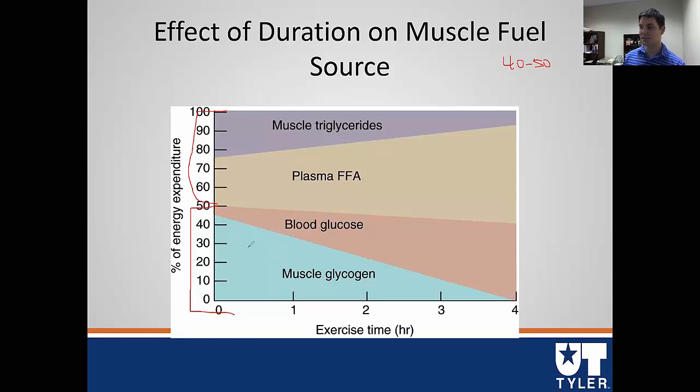So this is not only indicative of the percentage of energy that we're using from muscle glycogen, but also, at the end here, indicative of the amount of muscle glycogen. Indeed, the problem becomes if we run out of muscle glycogen. And what kind of effect does this have? So the idea of performance and muscle glycogen is really important. We can't maintain a high level of performance if we run out of glycogen.